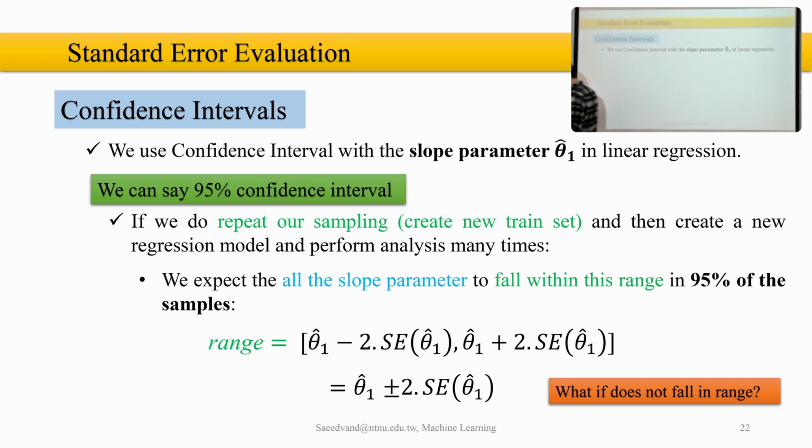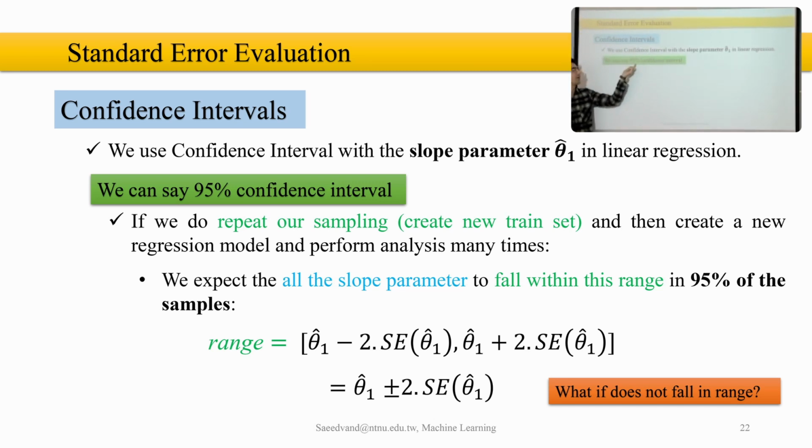So let's see what we do for the confidence interval. We use the confidence interval with the slope parameter theta hat 1 in linear regression. For example, a 95% confidence interval. This 95% is important, and we usually don't change it.